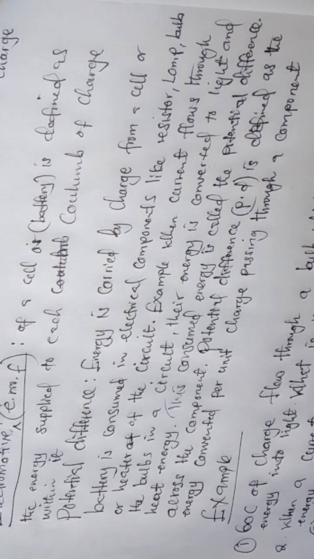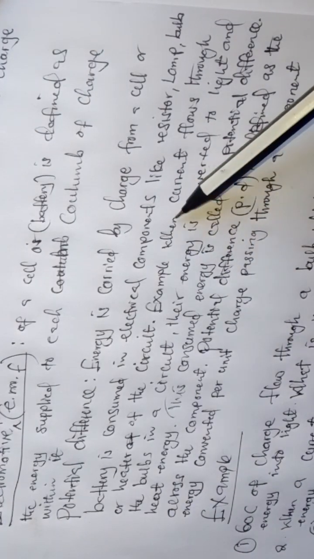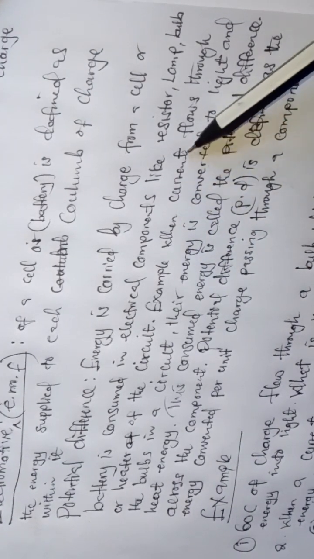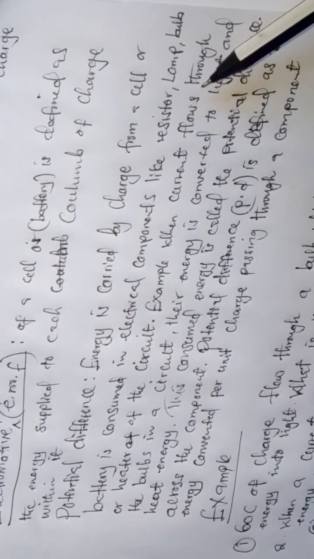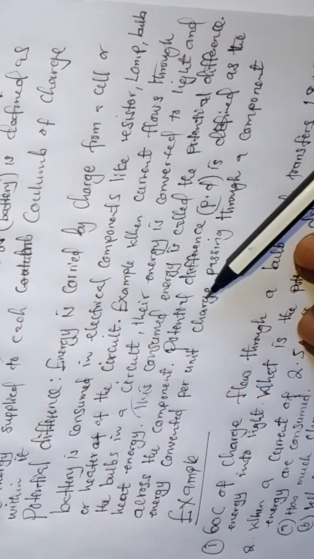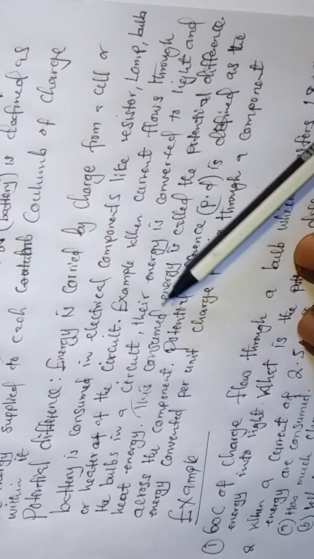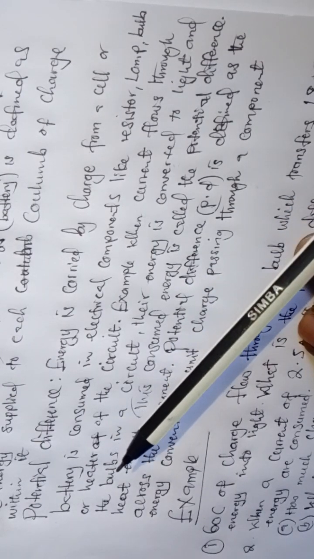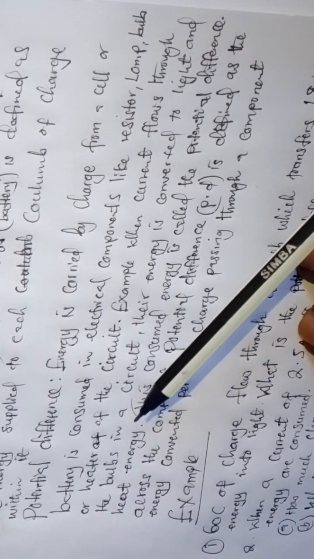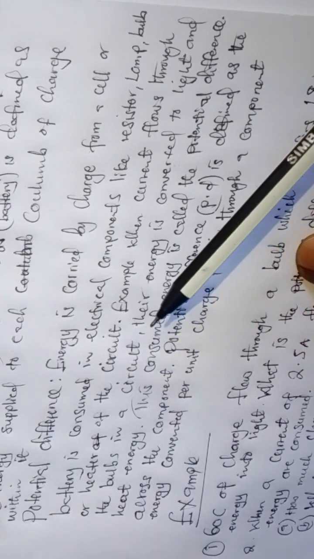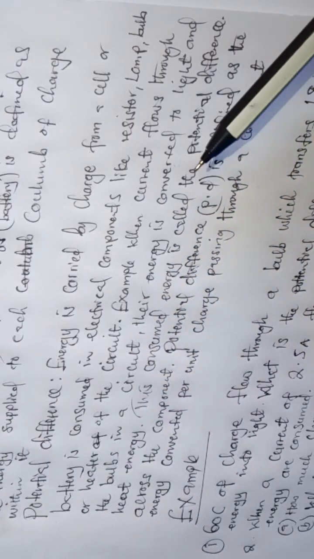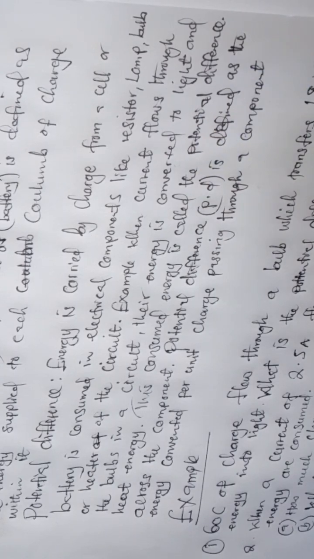For example, when current flows through the bulb in a circuit, the energy is converted to light and heat energy.